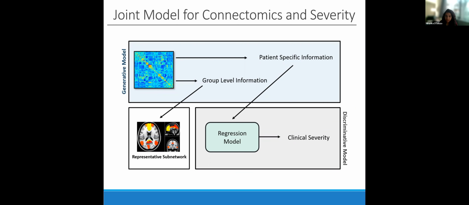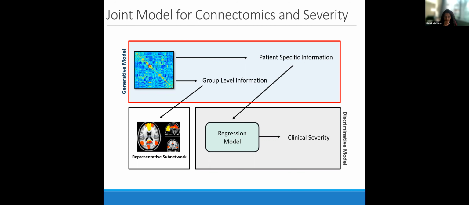From here, the patient-specific information that's extracted is fed into a discriminative regression framework to predict clinical severity. And instead of pipelining the two, what we are trying to do is to jointly infer the generative and the discriminative parts of the representation within one single optimization.